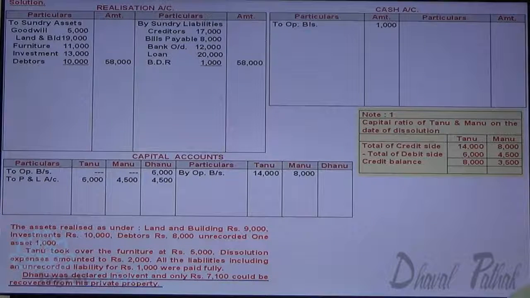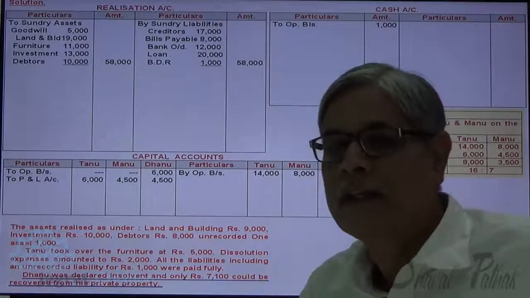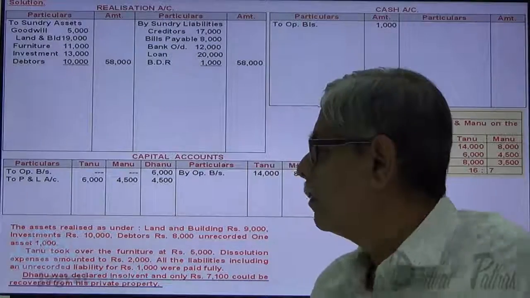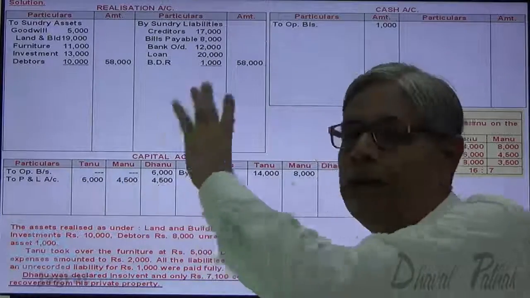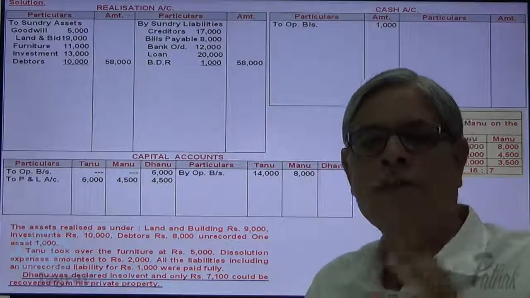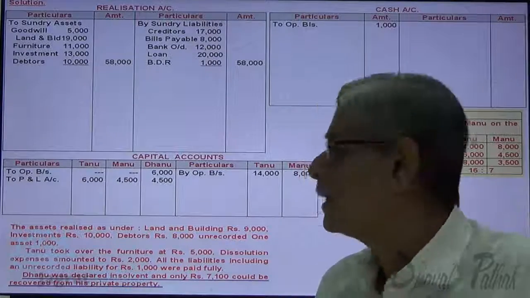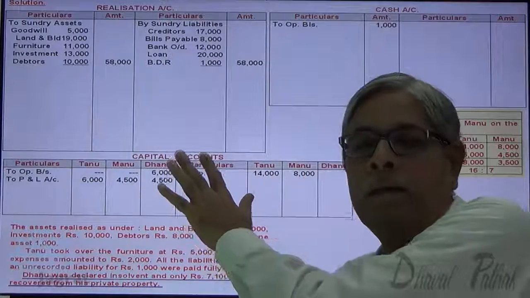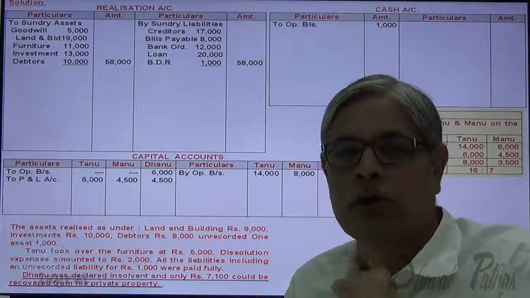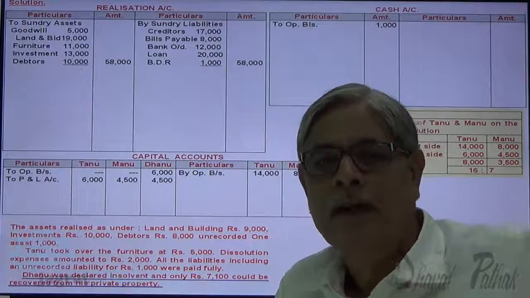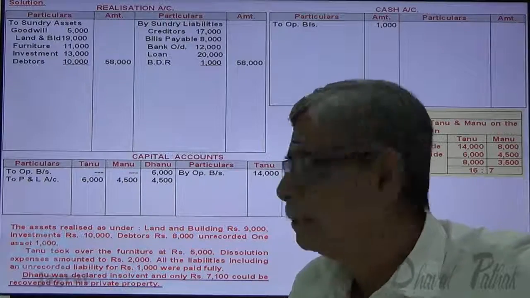Ratio is 16:7. This is the capital ratio in which the capital deficit of Dhanu will be distributed between solvent partners, Tanu and Manu. So after copying the balance sheet, that is the state as of the date of dissolution, consider the capital accounts, find out the capital ratio, then proceed with the sum.